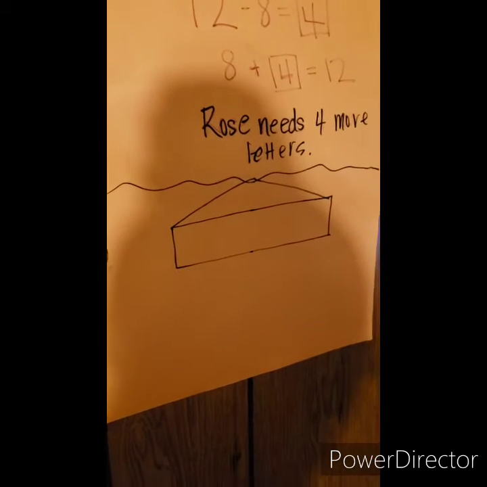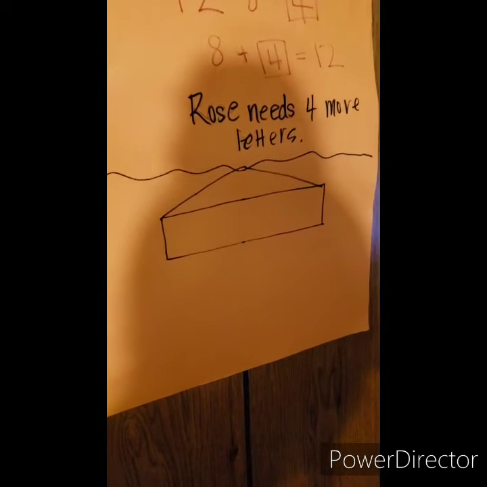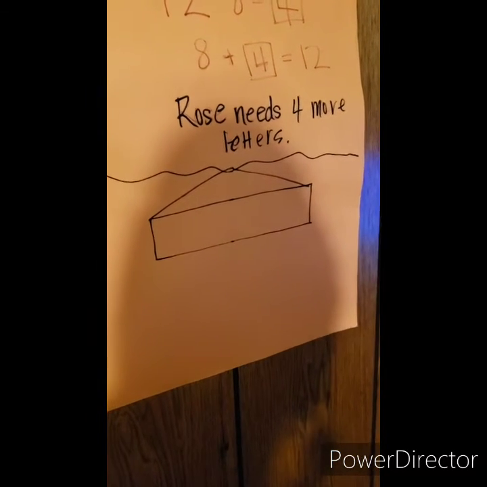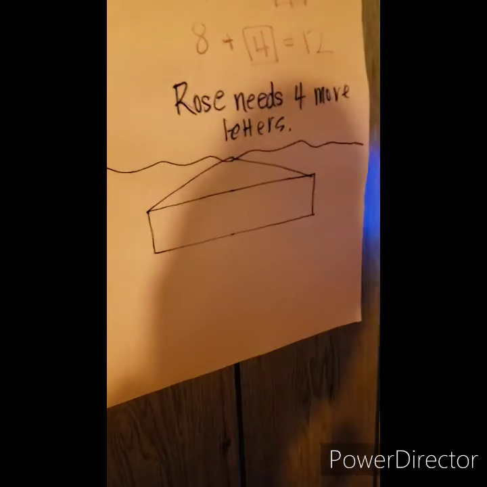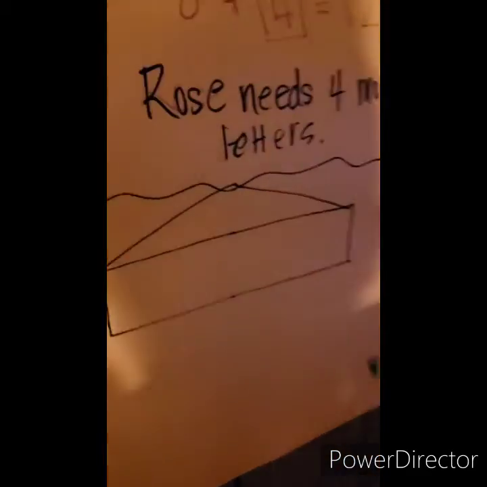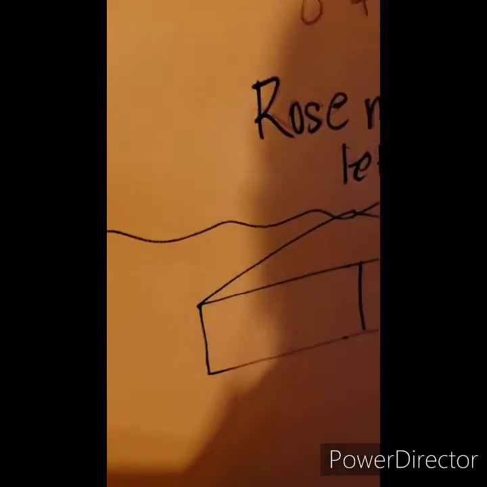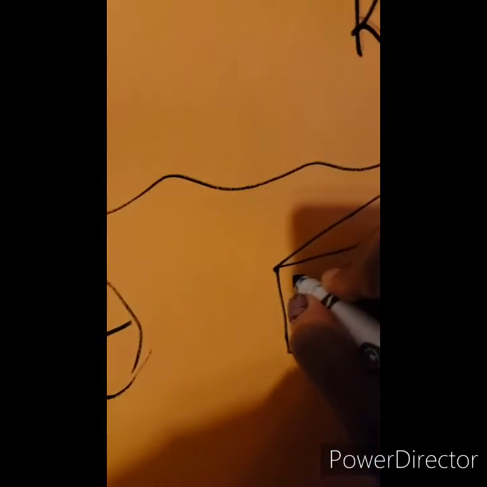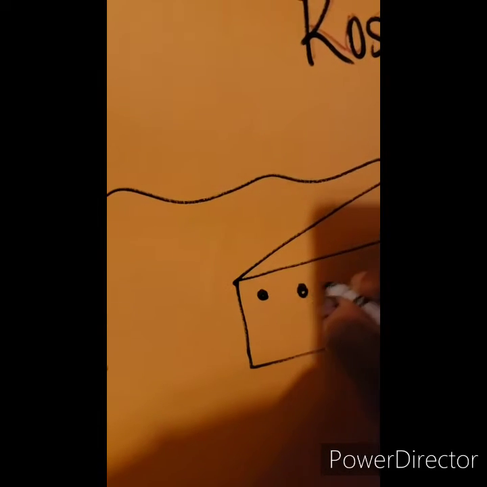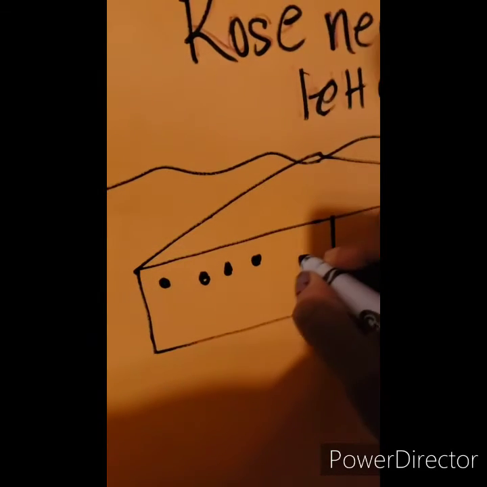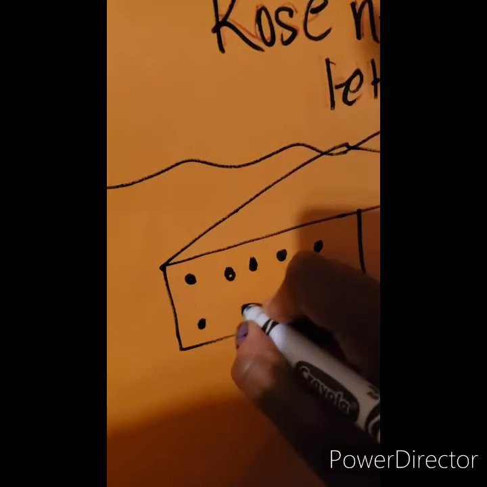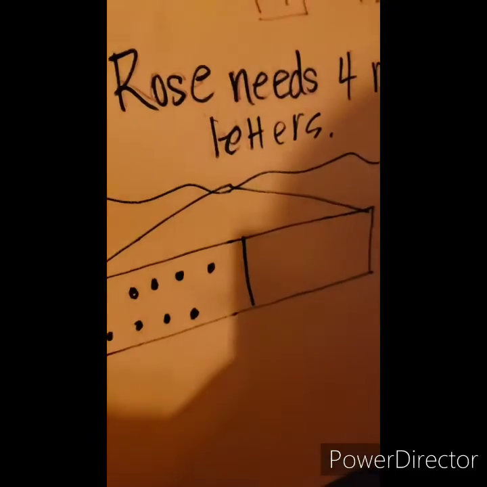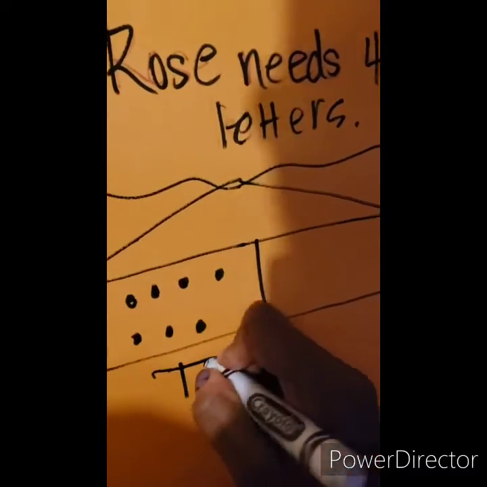Julio collected 11 seashells. How many more seashells did Julio collect? Okay, so we already have our tape diagram, drew, and we're going to put 9 seashells. So we're going to do 1, 2, 3, 4, 5, 6, 7, 8, 9. And then we're going to put a T for Tamara.